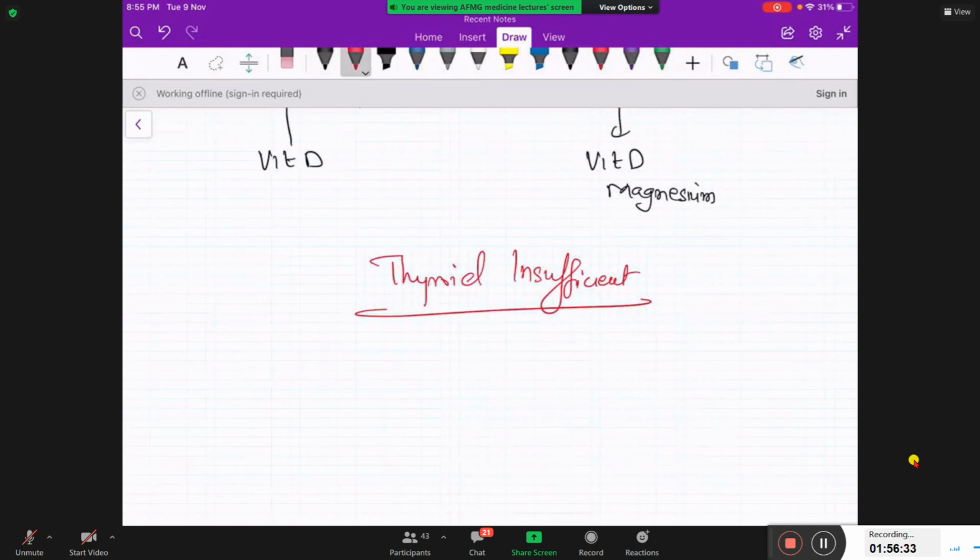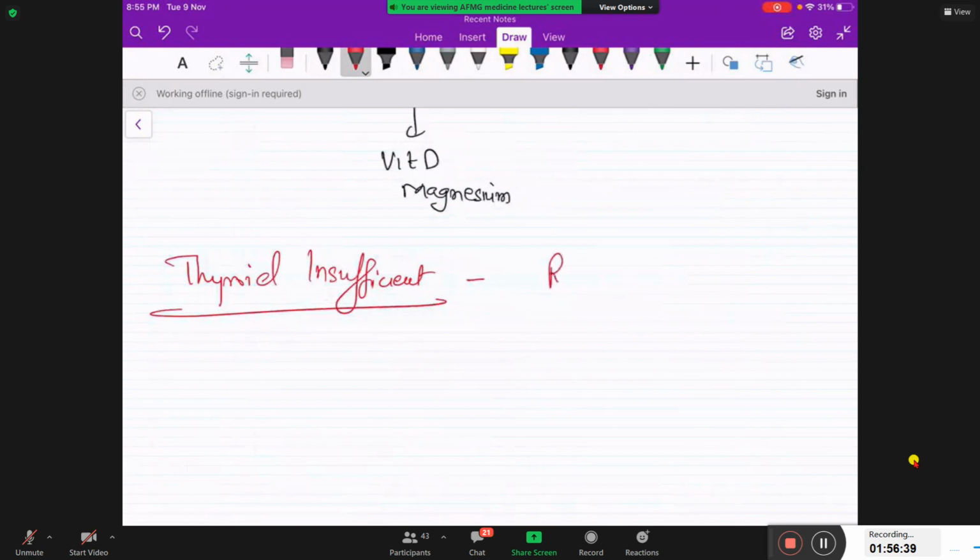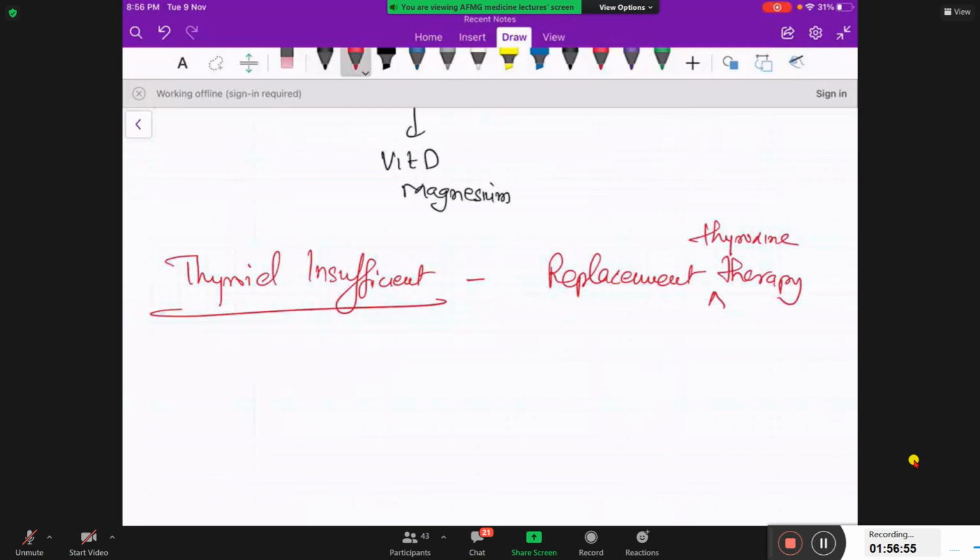Obviously, thyroxine will not come, so patient will be thyroid insufficient. So for that, we have to start replacement thyroxine therapy. So these are the complications of a thyroid surgery, right?